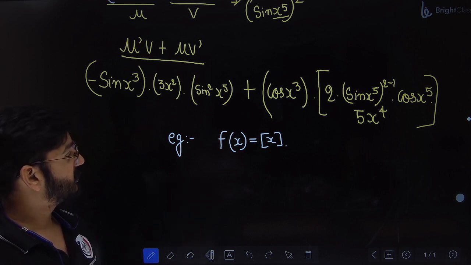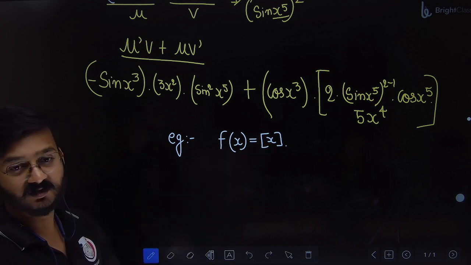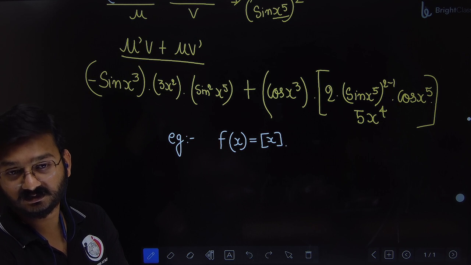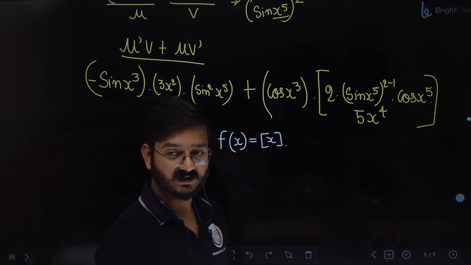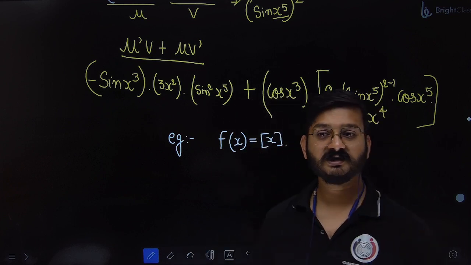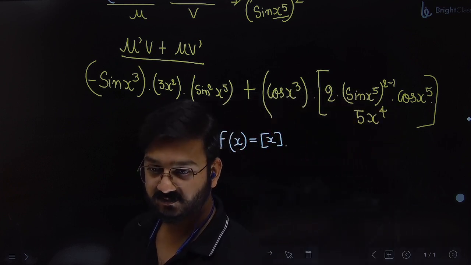If I ask you, is this function differentiable at x equal to 1? The answer will be no. Because x equal to 1 is an integer. At integral point, it is discontinuous. Means it will be non-differentiable.